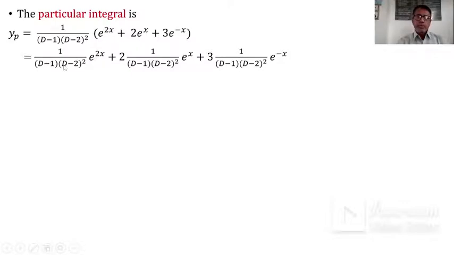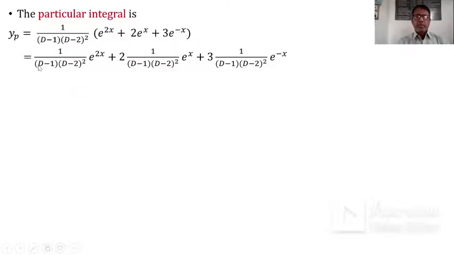Therefore, by the second theorem, we call this term to be (D minus a)^r. Here a is 2 and r is 2.